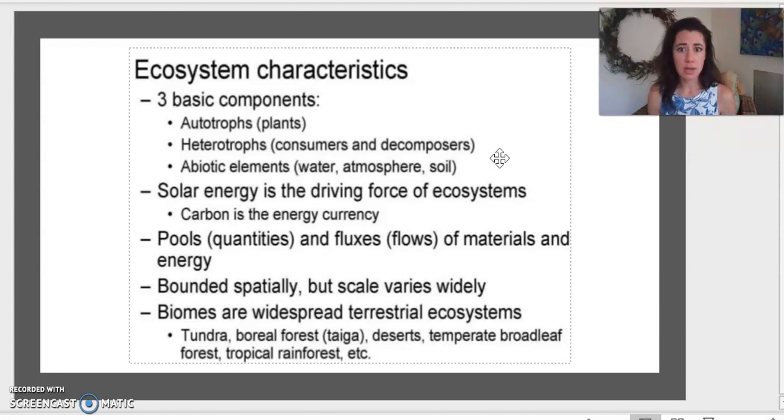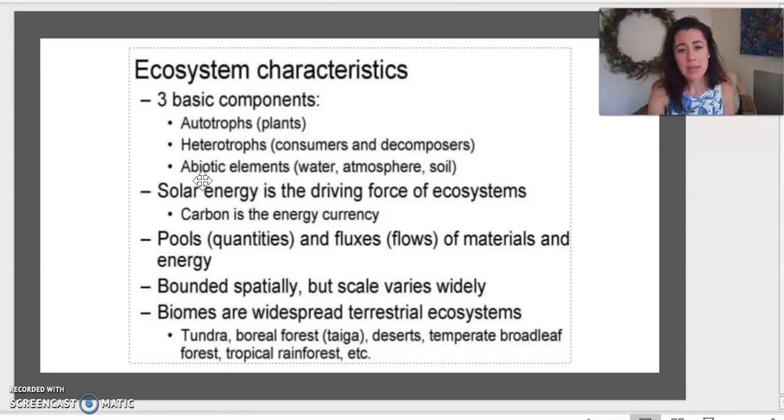So my fungi and a lot of bugs will be decomposers. They will eat dead things, old living things. They're often overlooked, but they're pretty essential to most ecosystems. And then down here, again, my abiotic factors, all my non-living things.